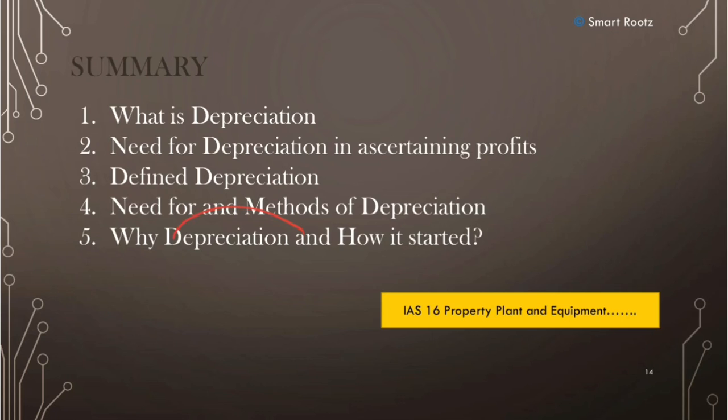We also tried to understand how depreciation evolved in our history, where it actually started, and how depreciation became so important that it eventually moved to the generally accepted accounting principles, and became a very important part of the company's financials.